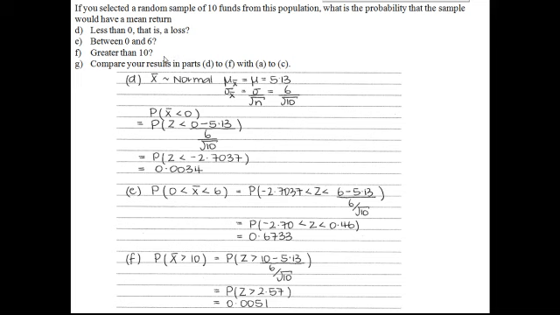So all we do is we get our x bar value 0, we subtract the mean, and then we divide by the standard deviation, remembering, of course, that the standard deviation of the sampling distribution is 6 divided by the square root of 10. The z-score formula is still that same format. We've just implemented it using the mean and the standard deviation of our sampling distribution x bar.